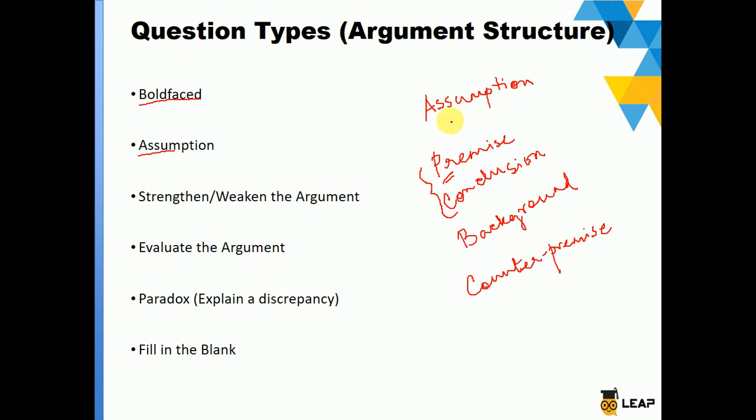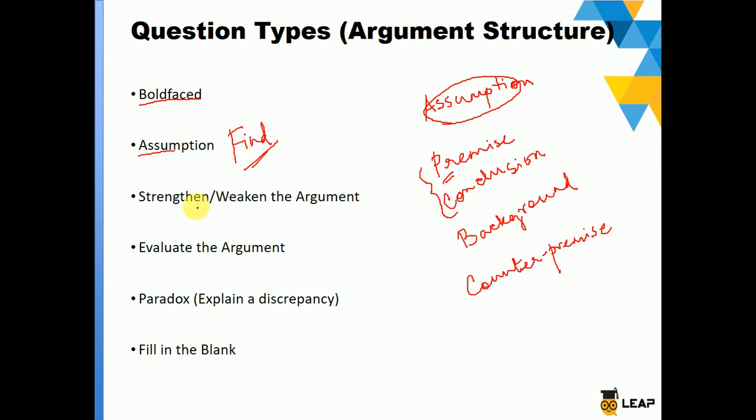So before he makes his conclusion and even supports it with a premise, he has thought of something in his mind which has to be true for the conclusion to be true. Now that is your assumption. In assumption based questions, you will be asked to find that assumption. How you will do that is something you will learn in our later videos.